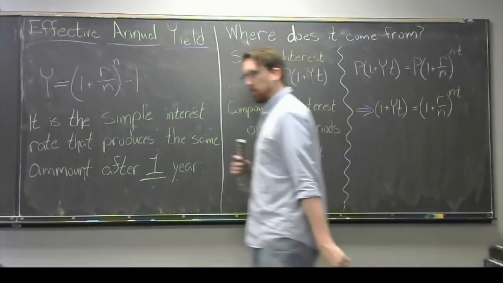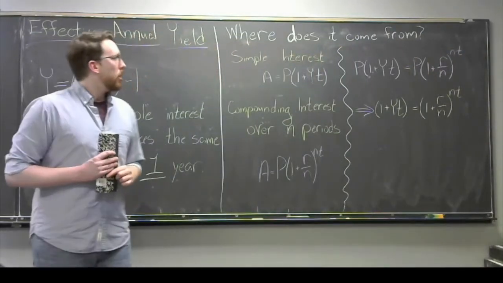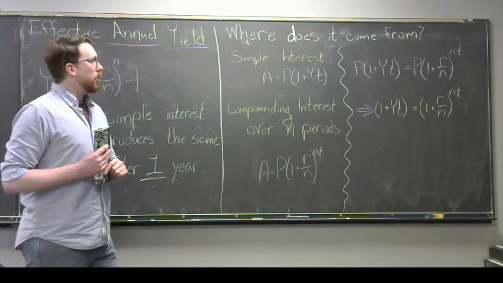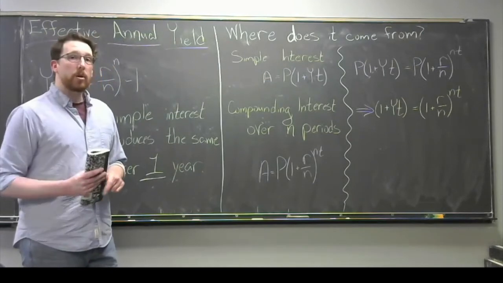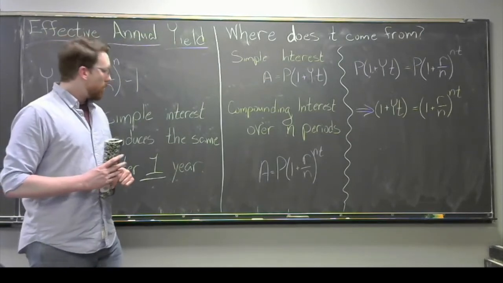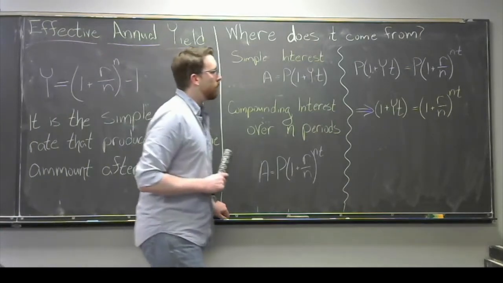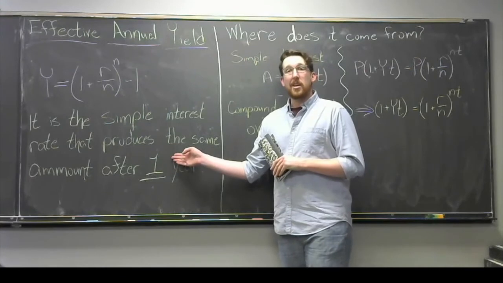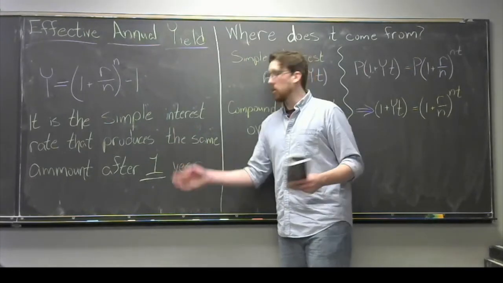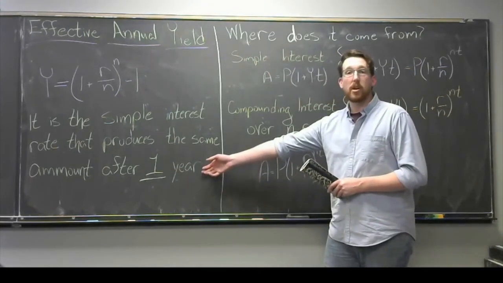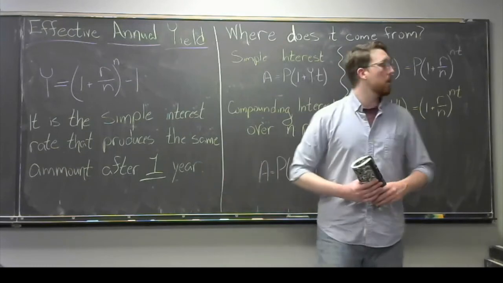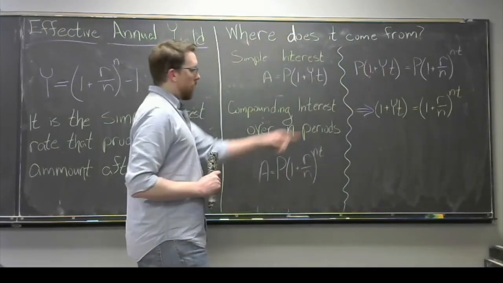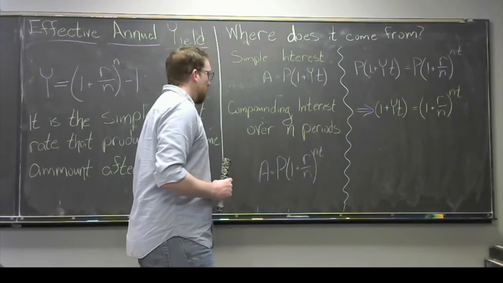Okay. Now, we want to reduce this a little bit more if we can. Luckily, we know that t here is going to be 1. We know that because it's after 1 year that we're measuring this for. All right, so we're going to put in 1 for t.